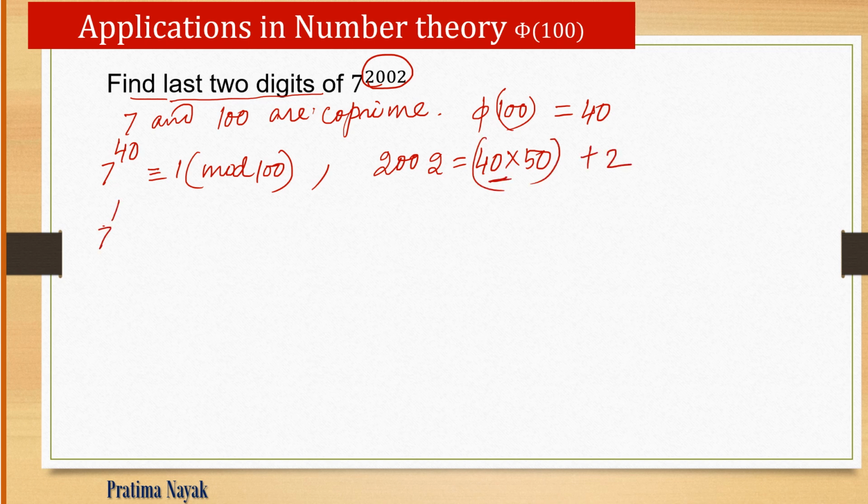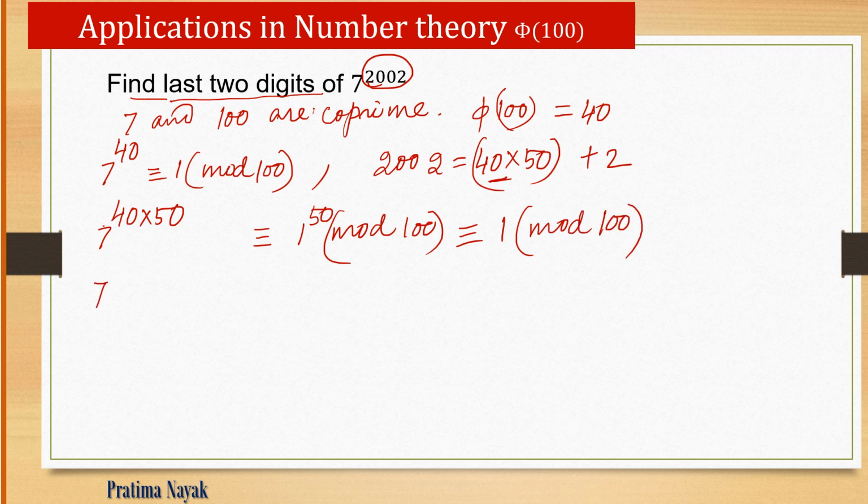So 7 power 40 into 50 into 7 power 2 is congruent to 1 power 50 modulo 100, which is the same as 1 modulo 100.